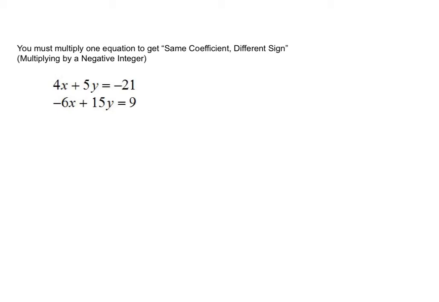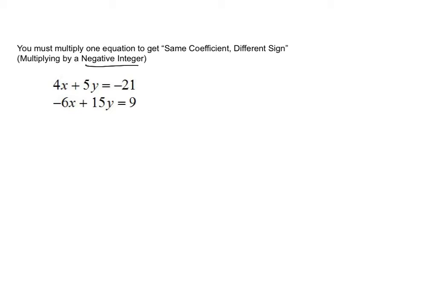Again, let's remember the two conditions we need in order to use the elimination method. We need to have the same coefficient and a different sign. So if I want to multiply just one of the equations by a negative number, I need to see which variable I can easily eliminate by doing that step.